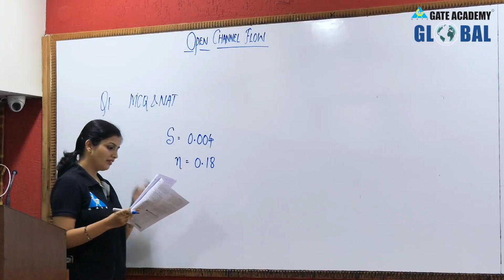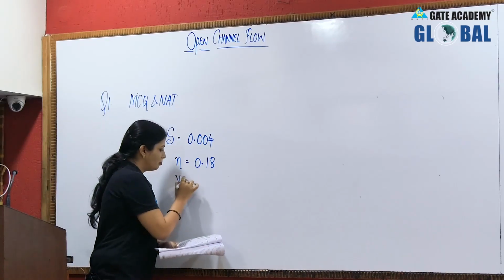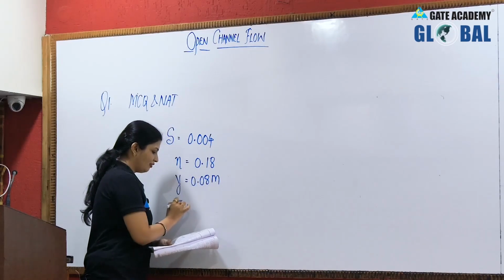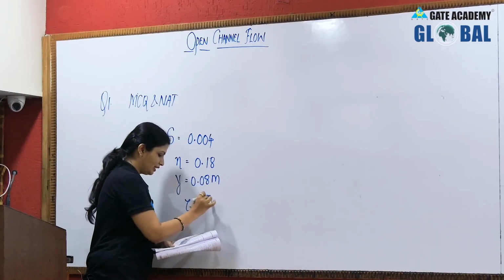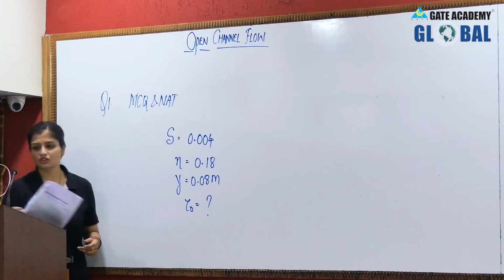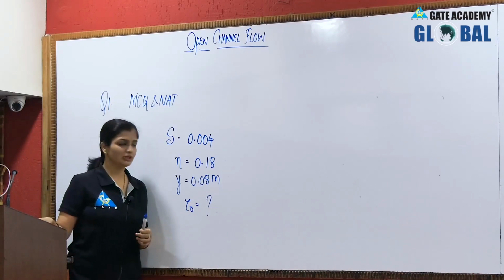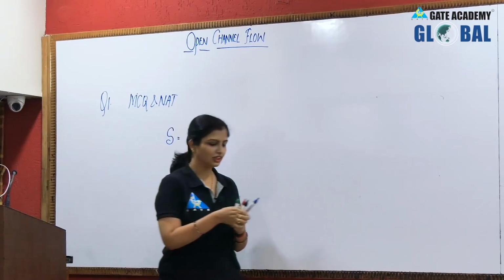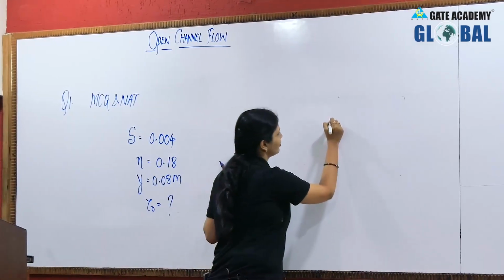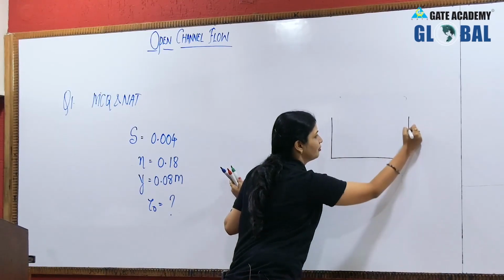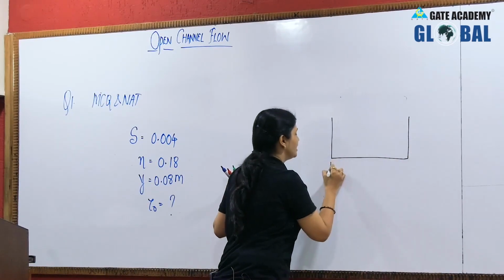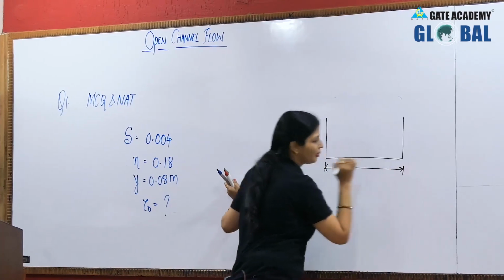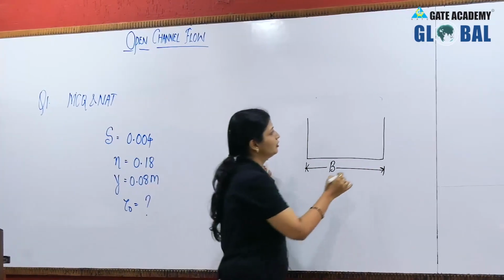Depth of flow is given 0.08 meter and we have been asked to calculate the boundary shear stress. Fine, this is the question. Now let me draw first the rectangular channel section. So this is your rectangular channel section of width B, fine, and your depth of flow.